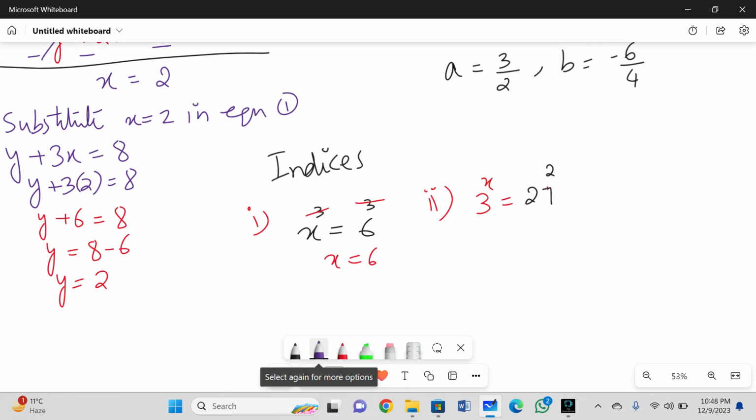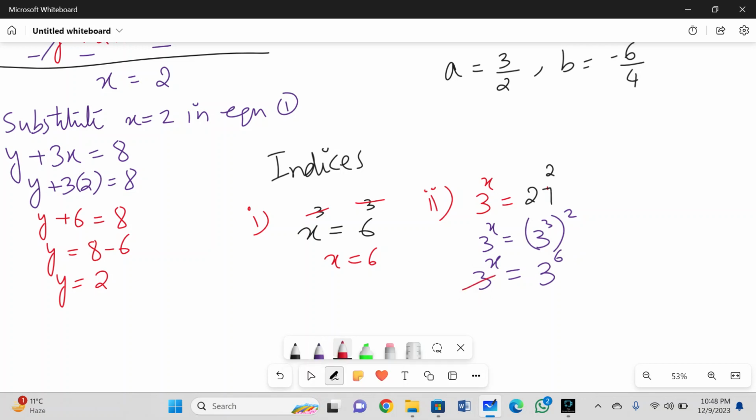So 27 could be written as base of 3. So let's write that 3 power x equals 27. We can write 3 power 3, and outside that we have power 2 as well, so it will remain outside the bracket. 3 power x will be equal to, double powers will always multiply, so 3 power 3 into 2 will be 6. Now you can see we have the same bases, so whenever the bases are equal you may cancel them. So here the answer of x will be equal to 6.